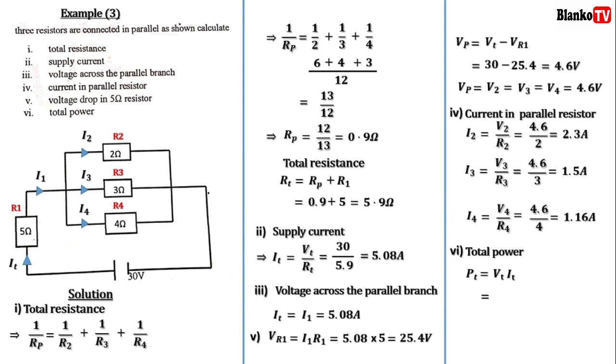So the total voltage is 30 multiplied by the total current, which is 5.08. So when you multiply 30 by 5.08, we get 152.4 watts.